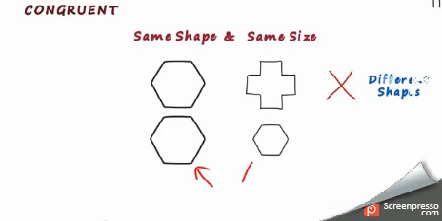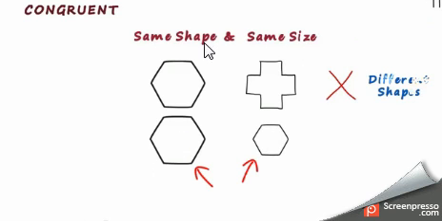Now we will take the second example. If I have this polygon and this polygon, mister, what's the name of this polygon? We will count the sides to know. Mister, this is a hexagon, it has six sides. Excellent. How many sides does this polygon have? Attention with me. 1, 2, 3, 4, 5, 6. Six sides. This is a hexagon and this is a hexagon. Mister, are these two polygons congruent?